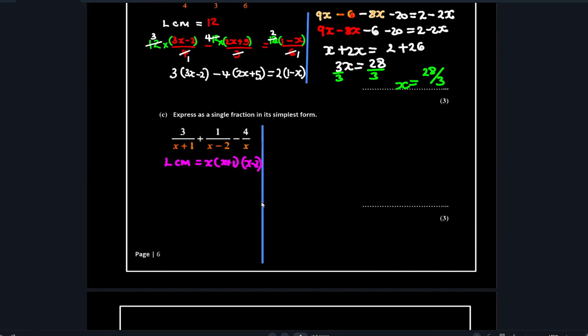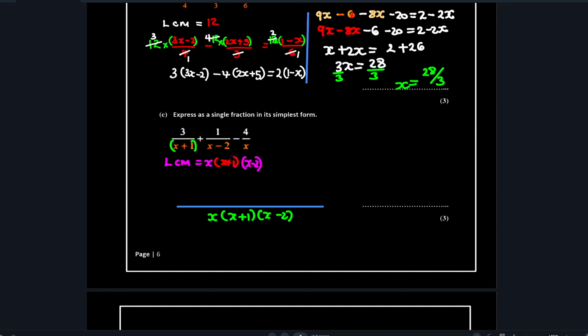Let me just move this a little bit so that I have enough space. I'm going to express as a common fraction, because in this question we are told to express as a single fraction. So I've represented the entire expression with the LCM. And you are going to realize that the first term, which is having x minus 1, is going to cancel with one part of the LCM.